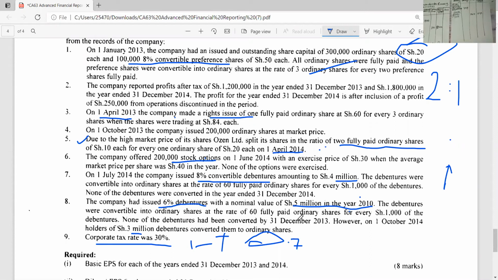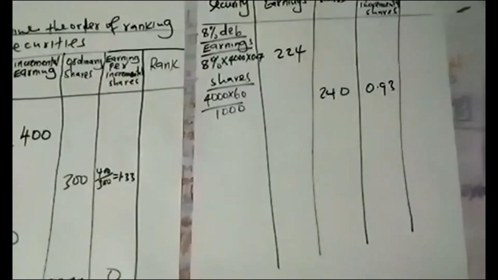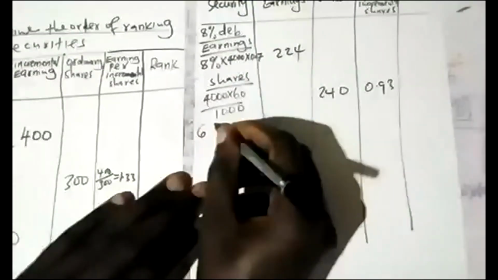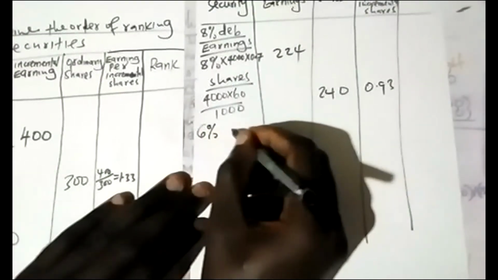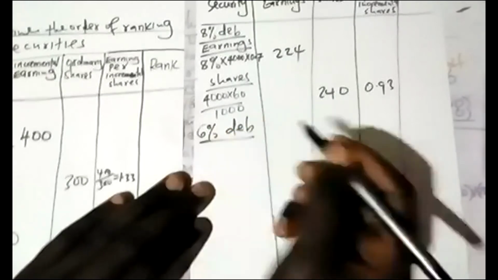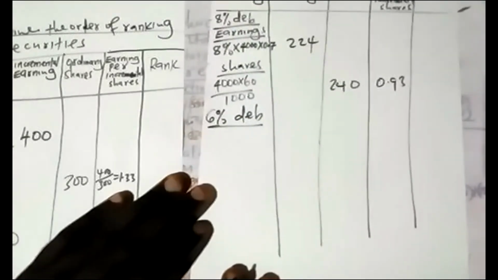But now remember, in 2013 none was converted, but in 2014, 3 million converted. So we have to consider first what was converted, then after that, we consider the unconverted. The 6% debenture is convertible.